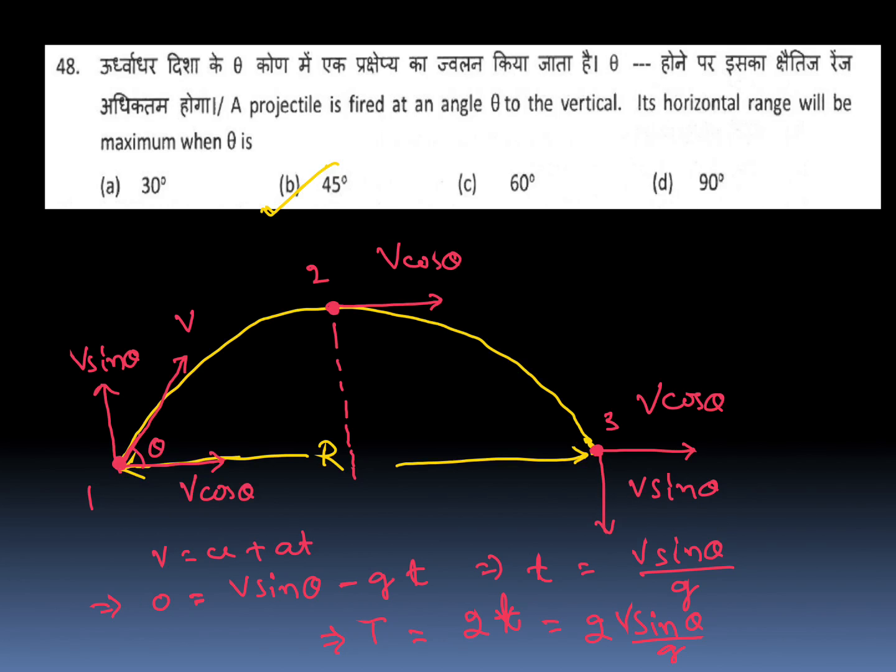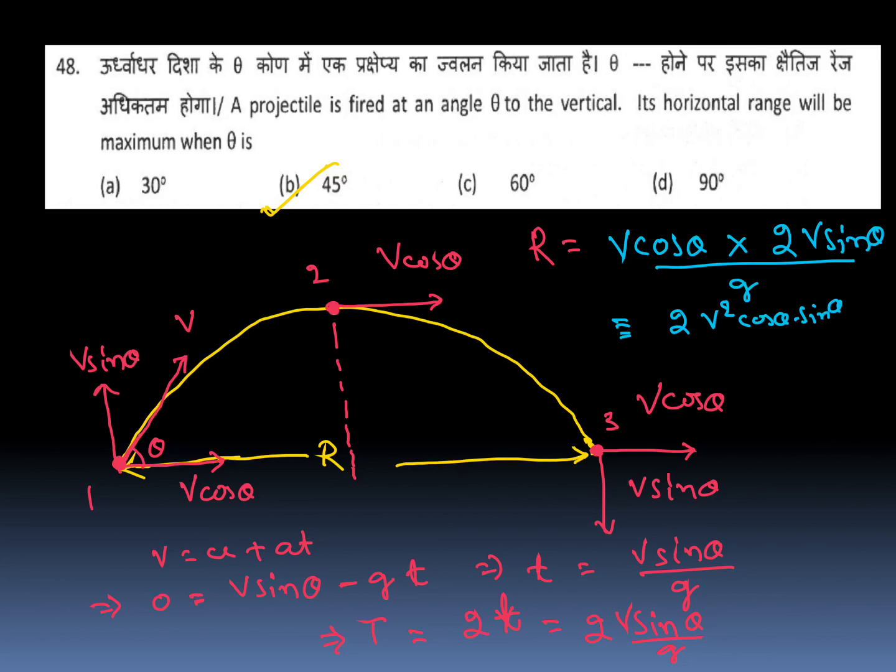So R is equal to the horizontal component of velocity V cos theta into time 2V sin theta divided by g, or you will get 2V square cos theta sin theta divided by g, or you can write it as V square sin 2 theta divided by g.